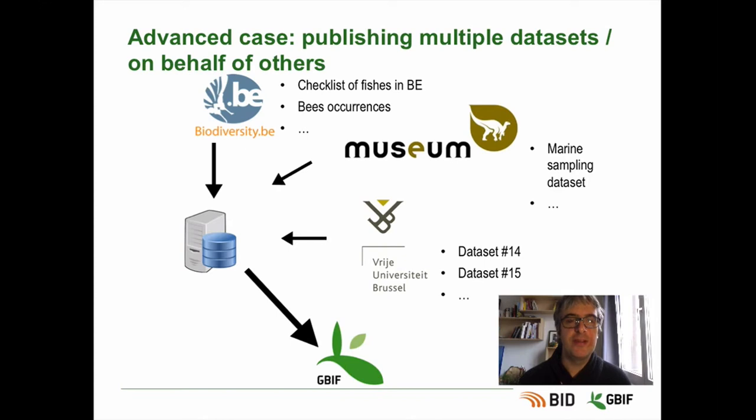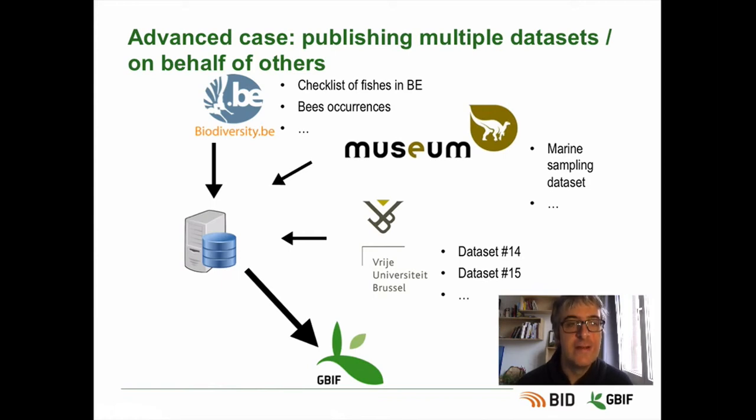On this slide, we can see a few more things. First, that there are several datasets published. You can see checklist of fishes in Belgium, bees occurrences, marine sampling dataset, and others. So an IPT instance can publish several datasets, but it can also publish those datasets on behalf of several publishers or several institutions. And that's something else that's showed here.